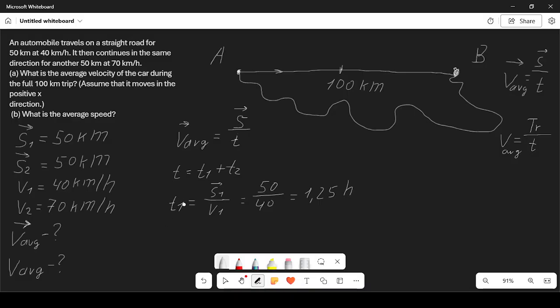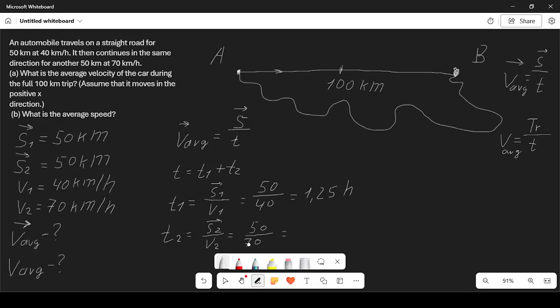So the first displacement our automobile made in 1.25 hour. Let's find the time consumed for the second part of the road. It's S2 divided by speed 2, again S2 is 50 kilometers, and during the second segment of the trip the speed was 70.